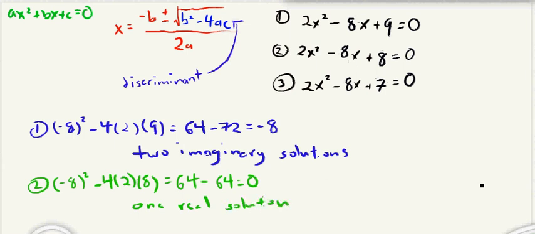All right, and then finally, we've got our third example here, number 3. So we're going to do the same thing.